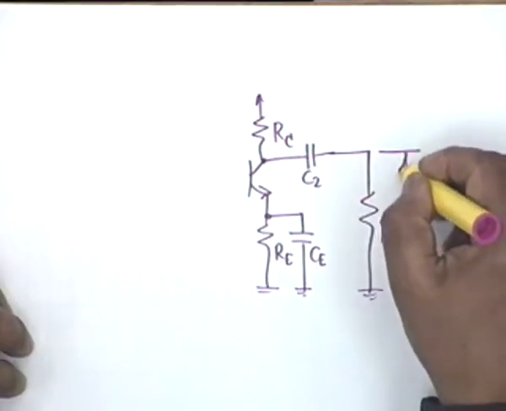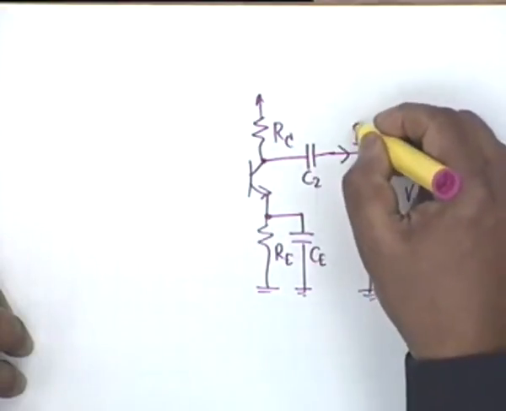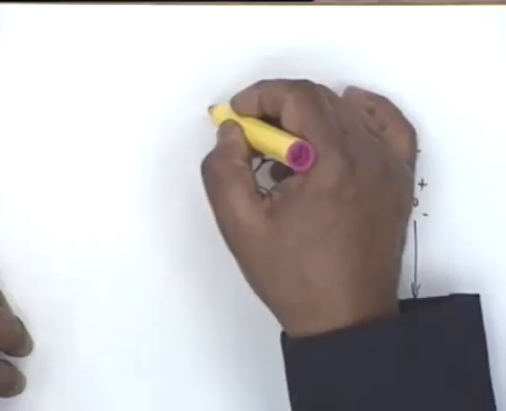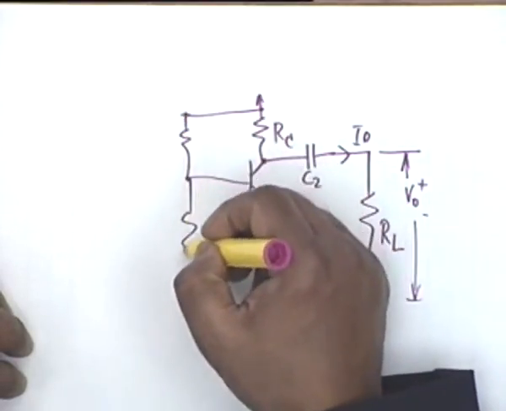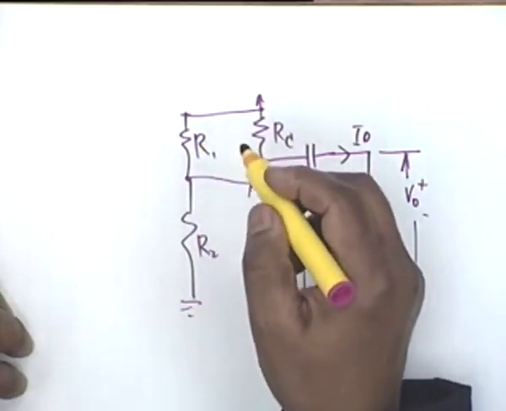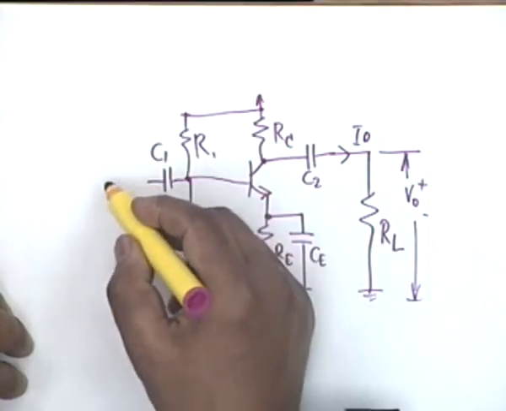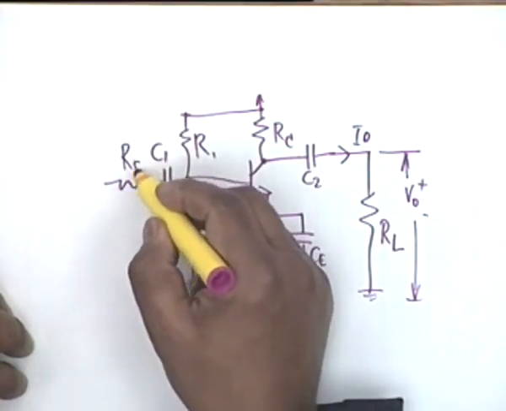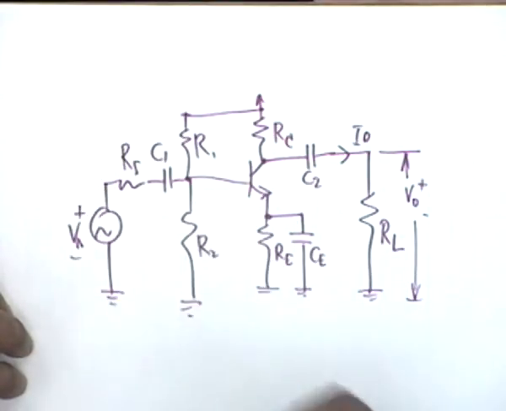This is the load. This voltage is V0 and the current here is I0. The biasing, we assume the usual circuit R1 and R2. And there is a coupling capacitor C1 which we assume to go to infinity, the source resistance and Vs. Usual circuit, okay.